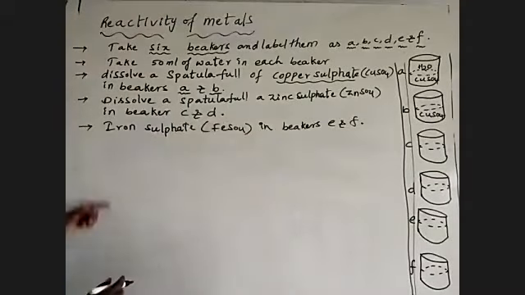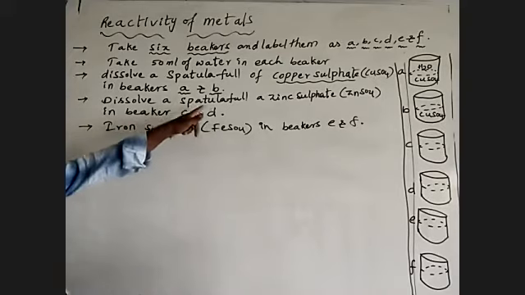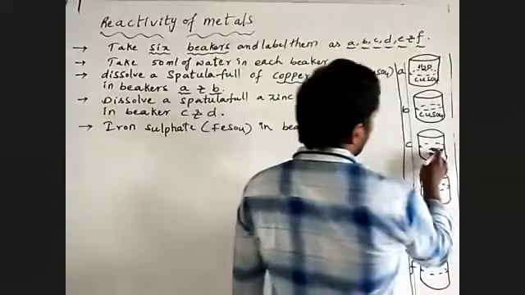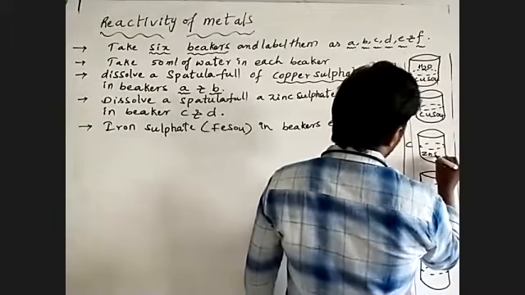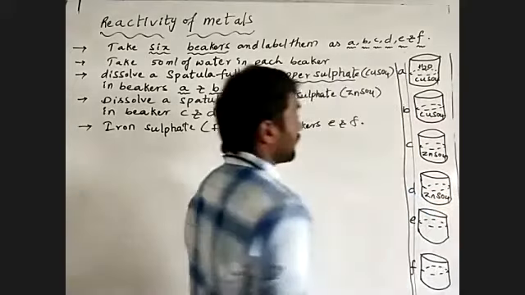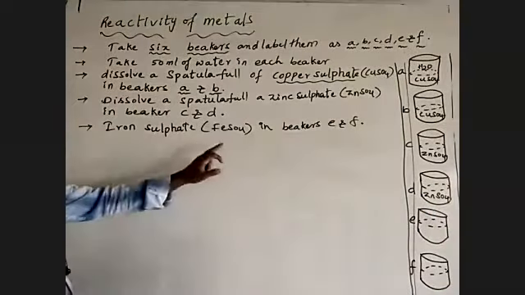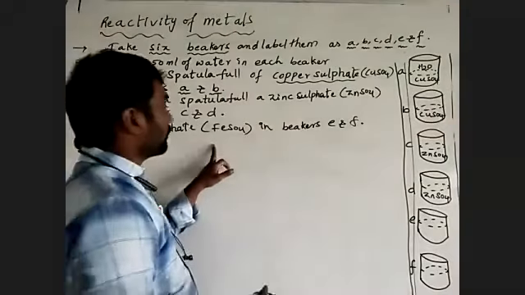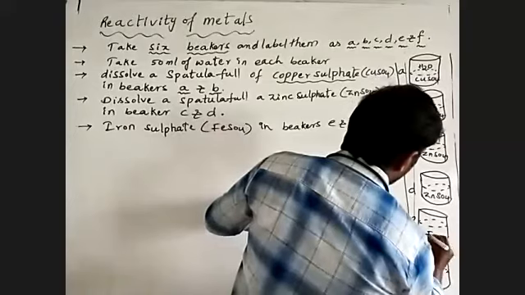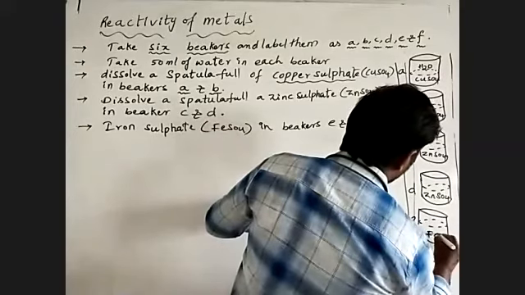Second, dissolve a spatula full of zinc sulfate, ZnSO4, in C and D. In E and F, iron sulfate, meaning ferrous sulfate, FeSO4.